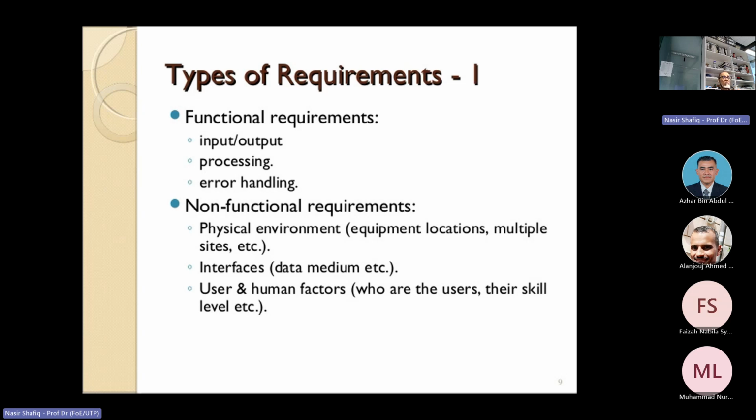There are also non-functional requirements, as we say: physical environment, equipment location, multiple site, interface, user and human factor, right? Who the users are, their skill and level, meaning to say different people operate differently. Some follow the standard SOP 100%, some do not.